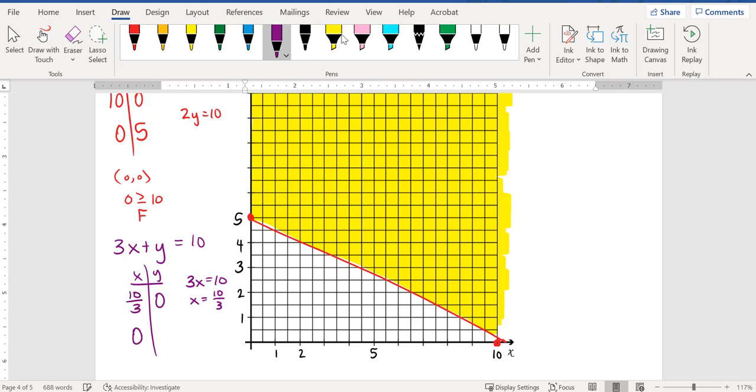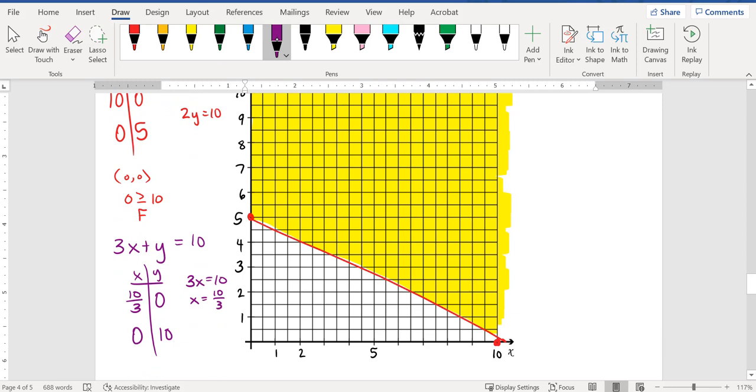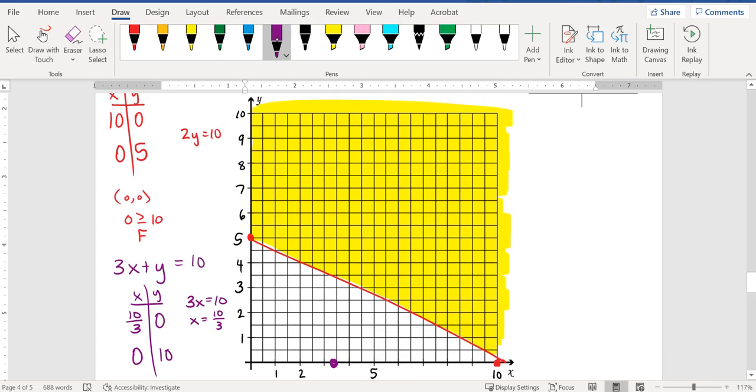If x is 0, y is 10. So I have the point 10/3, 0, so 3 1/3 was about right there. And I have the point 0, 10. So my boundary line is there.